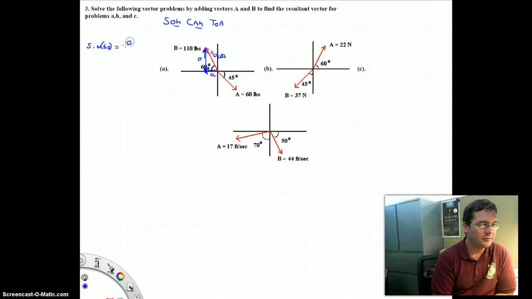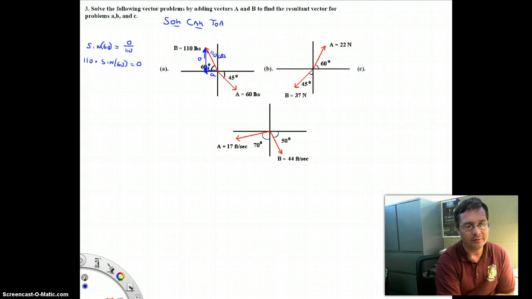Opposite, which we don't know, over hypotenuse, which we know is 110. Well, how do you get opposite by itself? You multiply both sides by 110. And so we could rewrite this as 110 pounds times the sine of 60 degrees equals the opposite side.